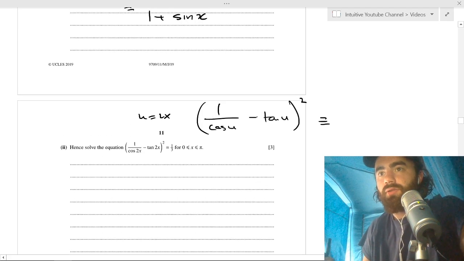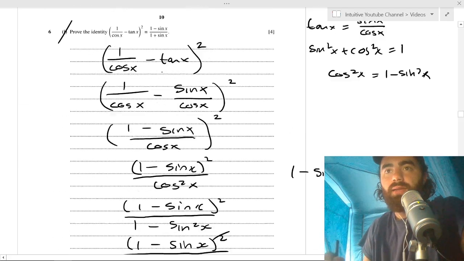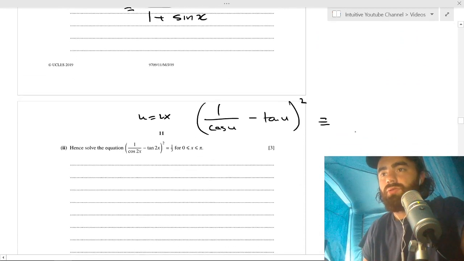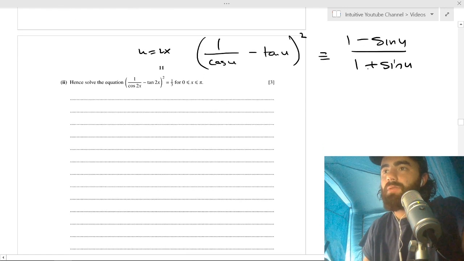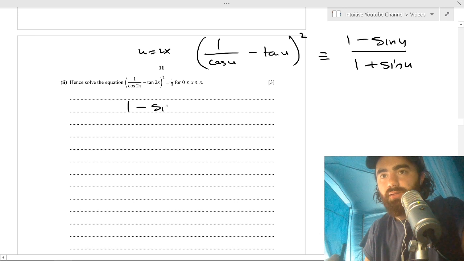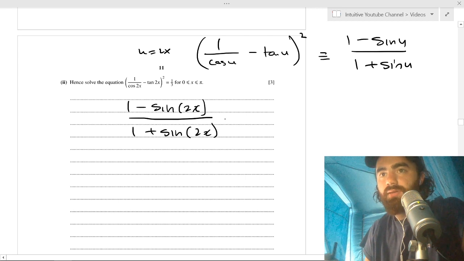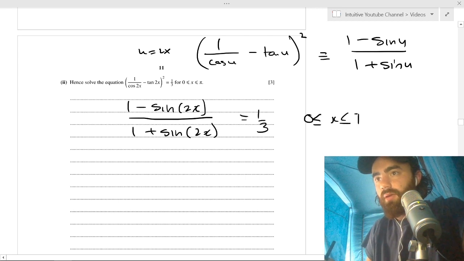Well, this is equivalent to, because u is just a variable, like x is just a variable, 1 minus sine of u over 1 plus sine of u, as we showed above. And remember our u is 2x, so that means this is just 1 minus sine of 2x over 1 plus sine of 2x equals a third, for 0 to pi.